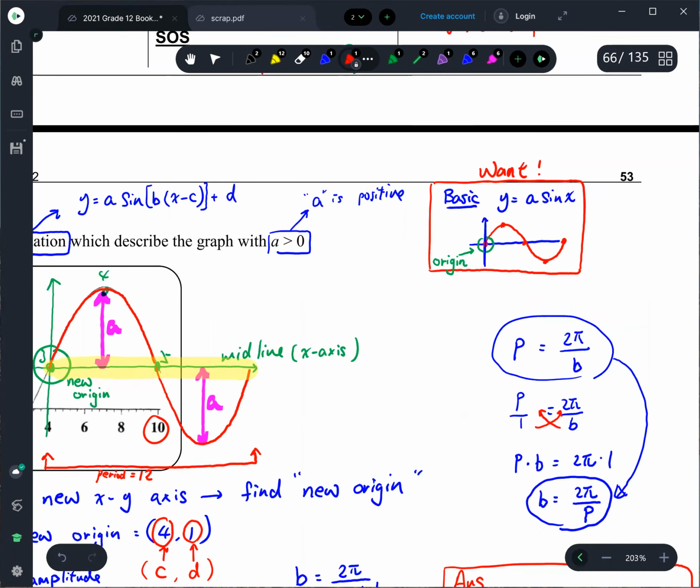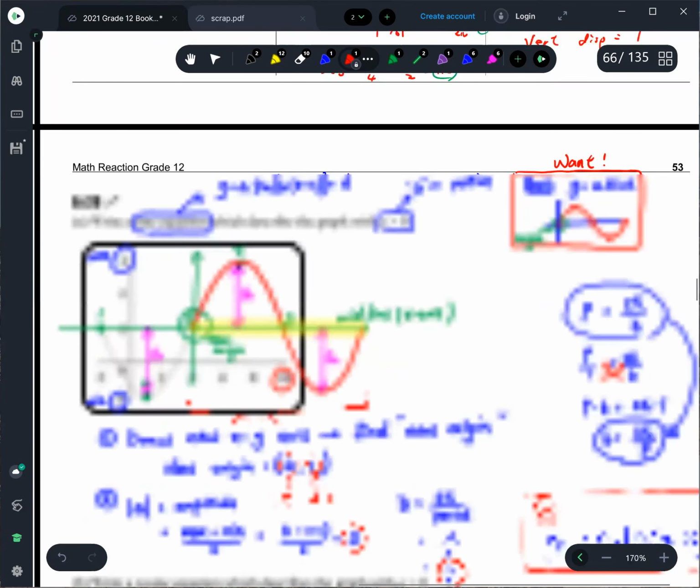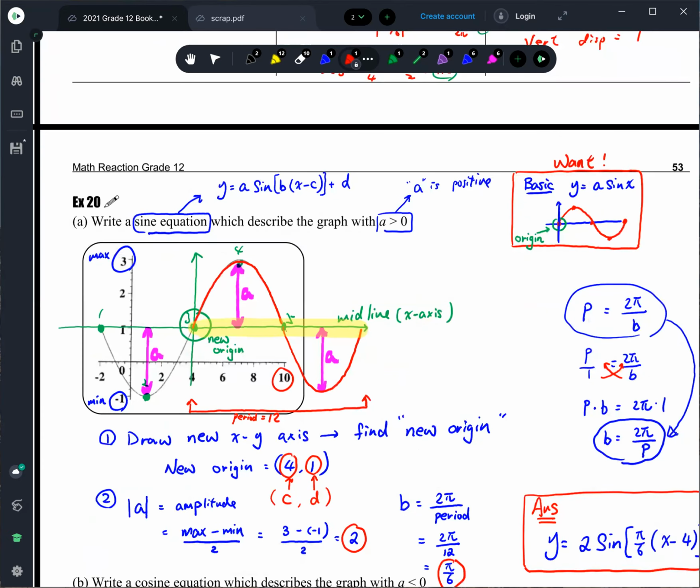Once you determine what you want, you go to the graph and find where the starting point is, so that it looks like what you want. We chose the third point to be our starting place. That's where the new origin is. Once you get that new origin correct, you are about 70% done, because that's the hardest part.